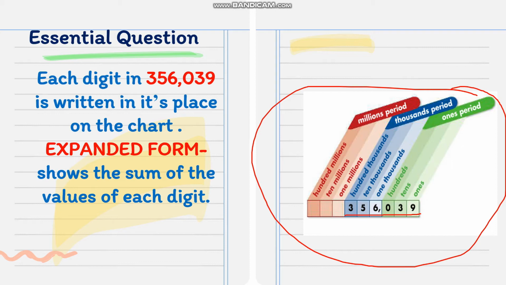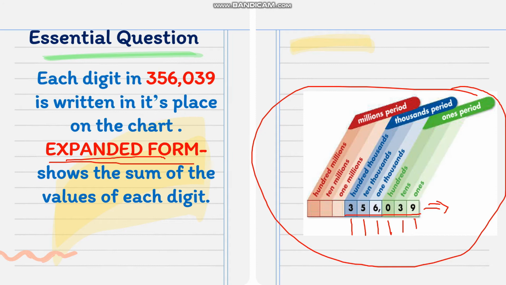Okay, now, how are we going to change this number into expanded form? So what is expanded form all about? Expanded form shows the sum of the values of each digit. So we're going to find out the value, not the place value, of each digit in order to change it into expanded form.